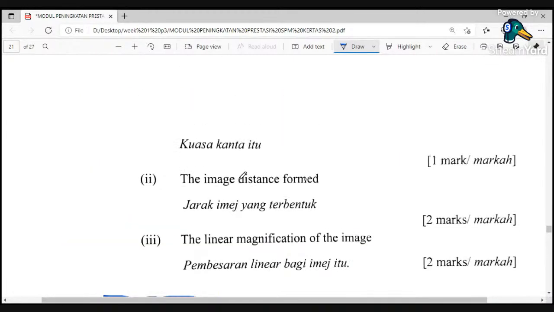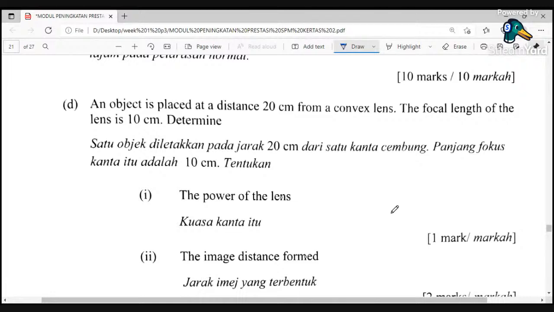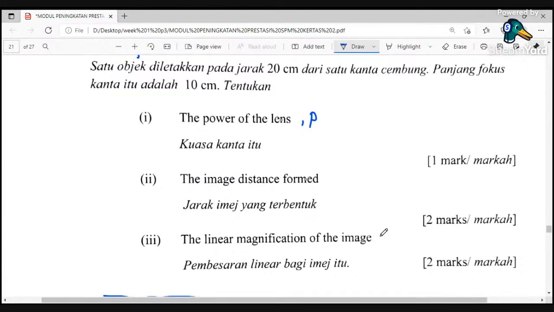Next, part D. An object is placed at a distance of 20 cm from a convex lens. So this is the object distance U. Focal length is 10 cm, F. Determine the power P. The power P we discussed earlier is 1 over F. F is 10 cm, you convert to meter because power equals 1 over F in meter.